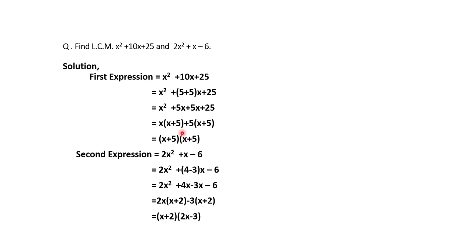That's why we just write here LCM, because all these factors are remaining factors: x plus 5, x plus 5, and here remaining x plus 2 and 2x minus 3. These all are the remaining factors. This is the LCM for this question.